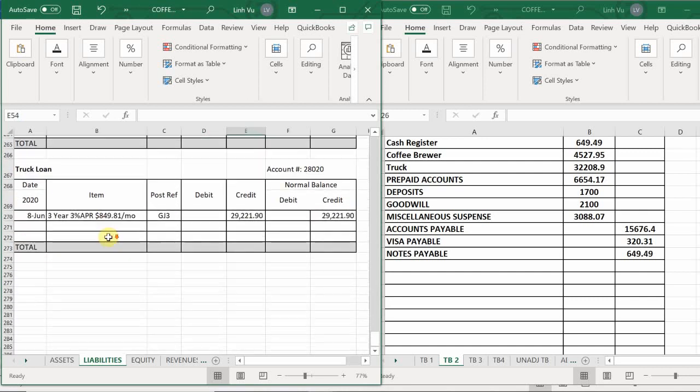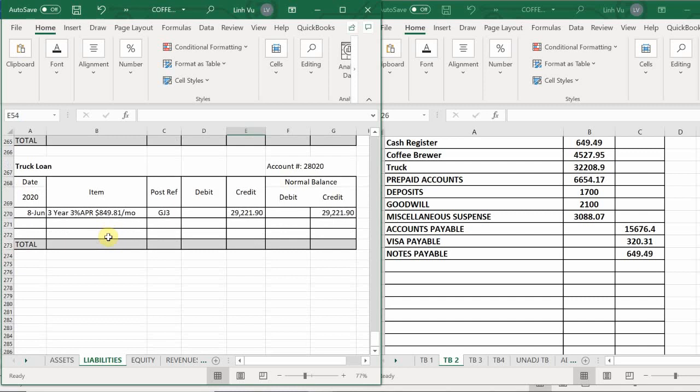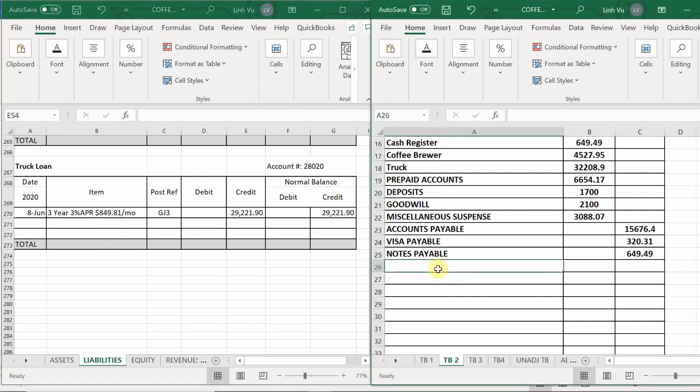And the last thing that we have here is our truck loan. Okay.